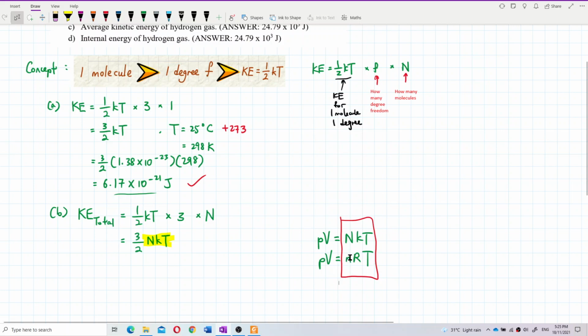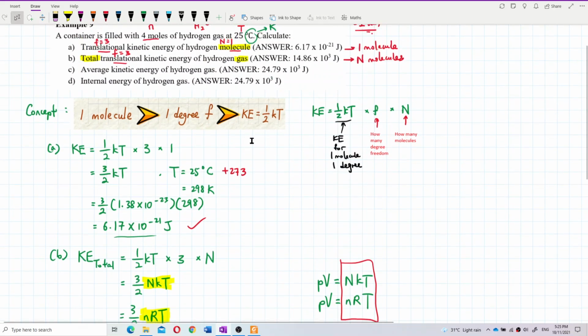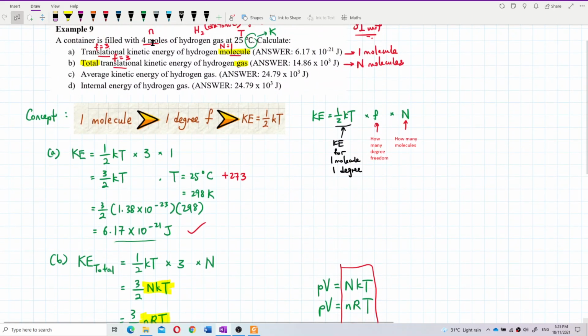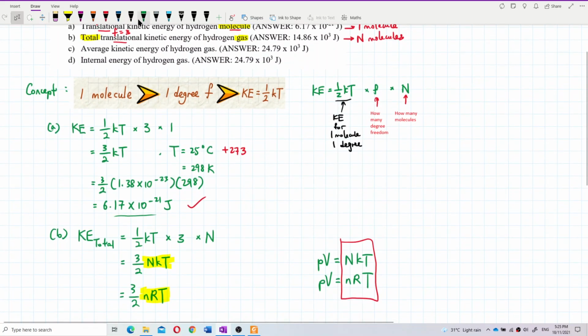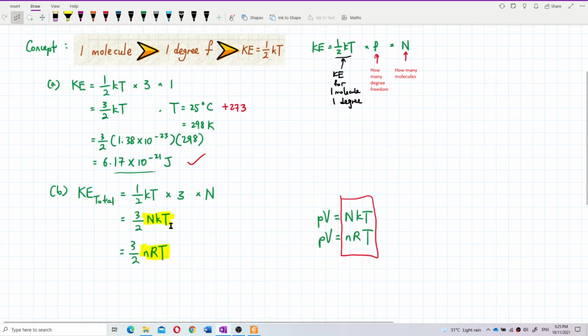So we can use the number of moles here. So this one is 3/2 nRT. I change it to nRT, so I can use the number of moles, even though the total molecules is not provided.